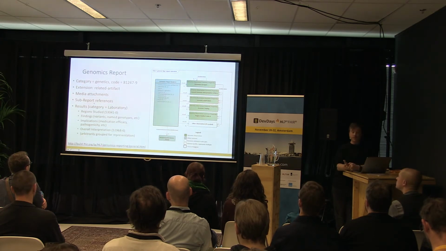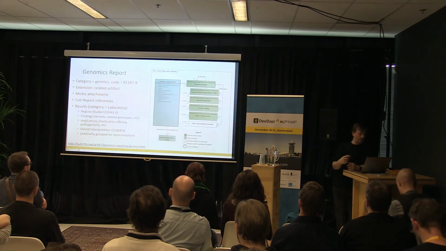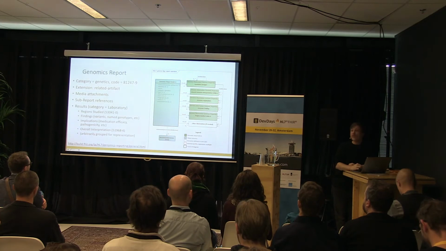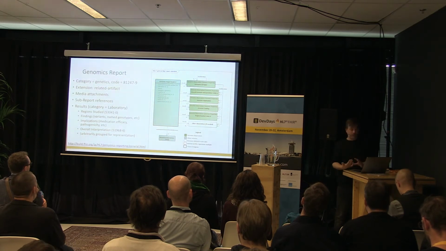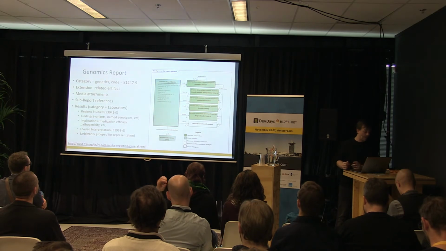You can reference sub-reports, and we have the different results, so our main building blocks of the observations. So we have the region studied, which signifies what was looked at, because if you just get the results, it's also very important to know what was ordered or what was looked at, which could sometimes differ.